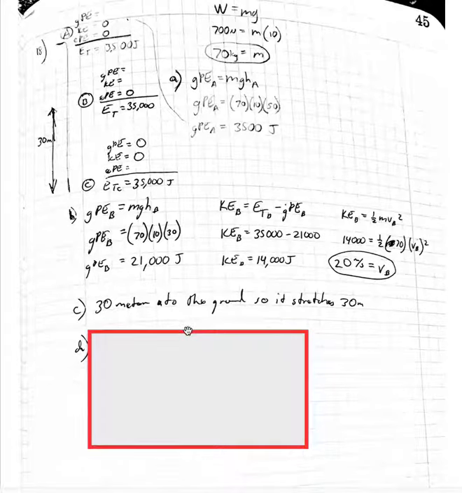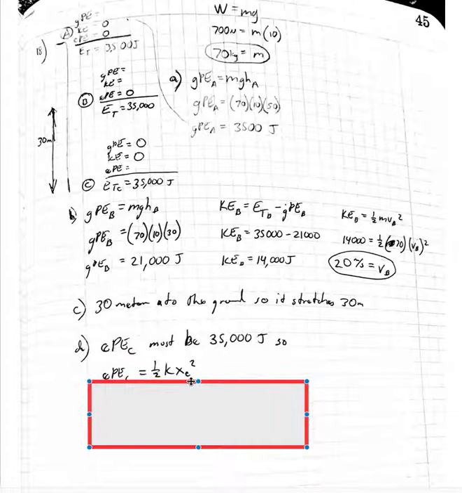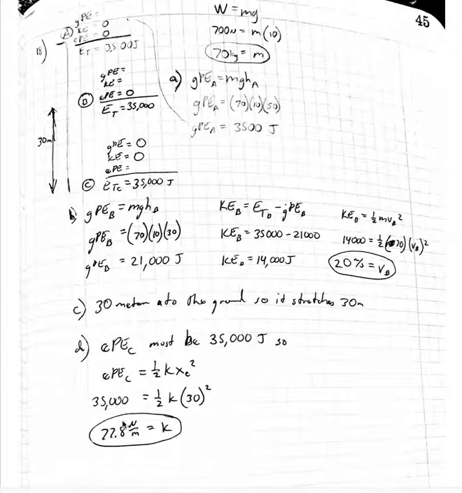So there must be 35,000 joules worth of elastic potential energy at point C. So plugging that in and knowing that it stretched 30 meters, we can find out that the spring constant must be about 77.8, 77.7 newtons per meter is the spring constant for the bungee cord.